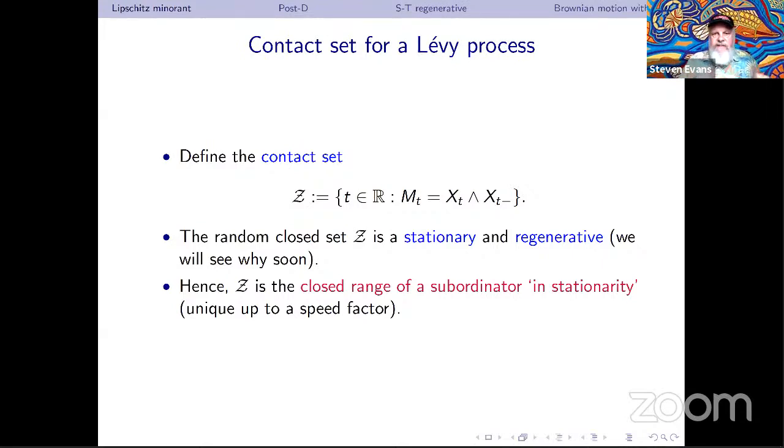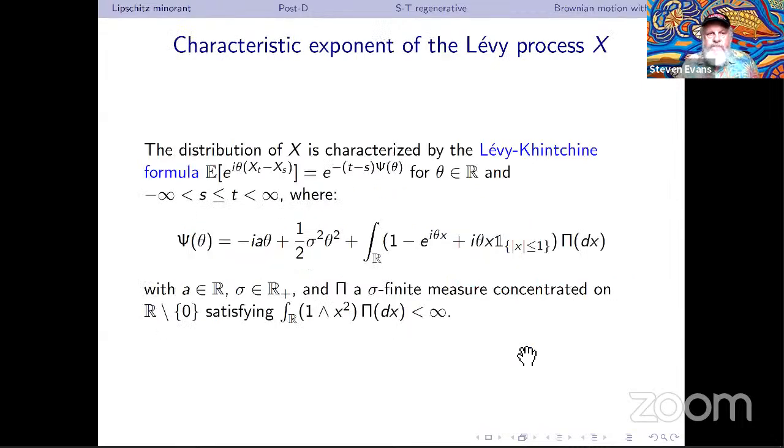So we've turned it into a stationary subset of the reals. And that subordinator is unique up to a speed factor. Okay, and again, if we've read Jean's Lévy process book, we know that our Lévy process is characterized by the Lévy-Khintchine description of its characteristic function.